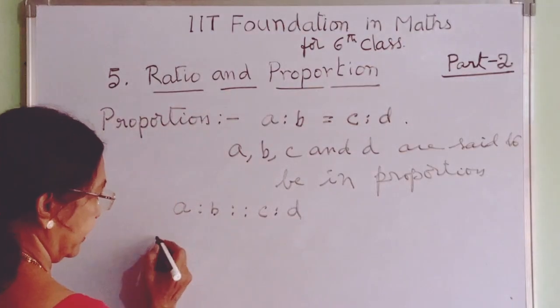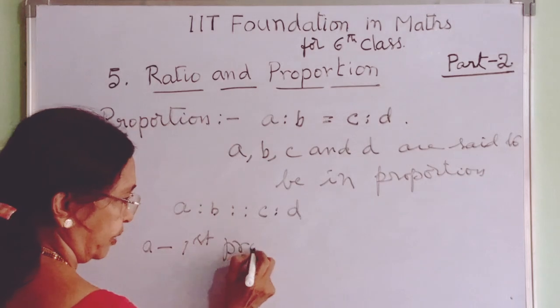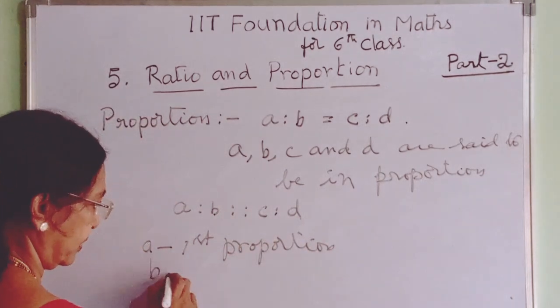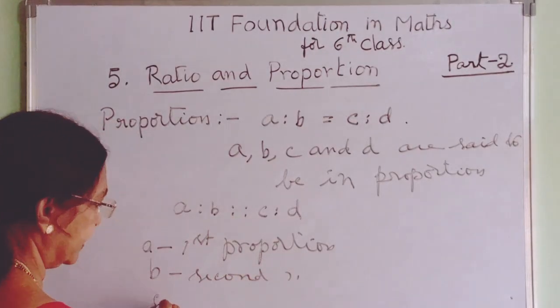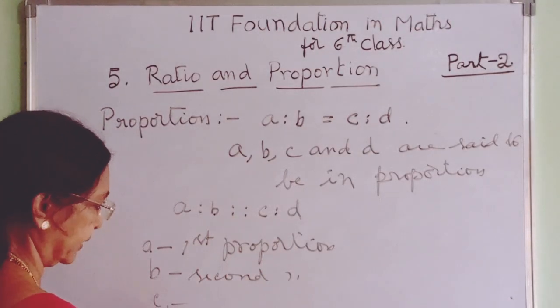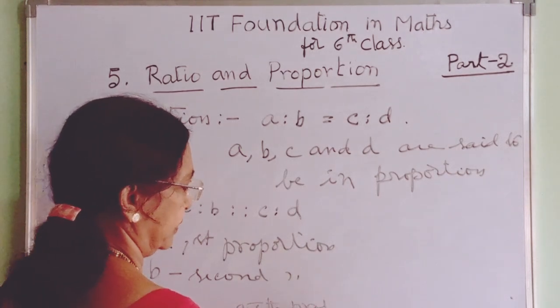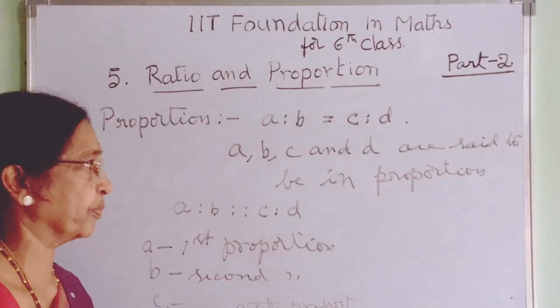A is called the first proportion, B is called the second proportion, C the third proportion and D the fourth proportion.